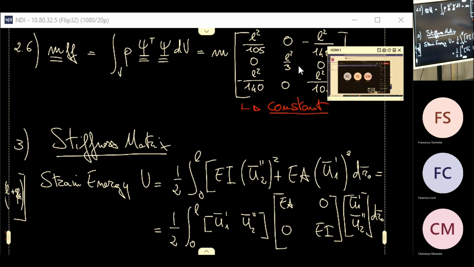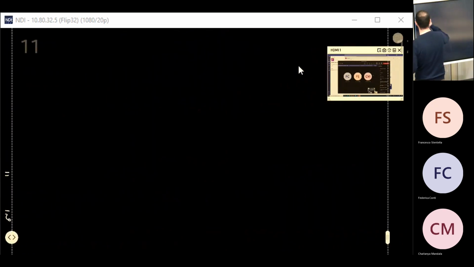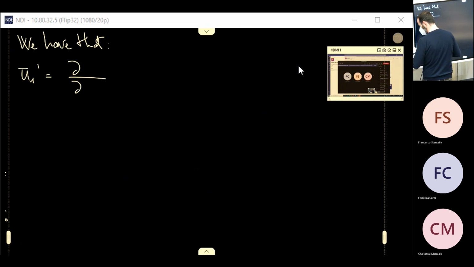So why did I do that? Because now I know how to express U1 prime and U2 double prime, no? We have the following. So U1 prime is the partial derivative, because this can also be a function of time.